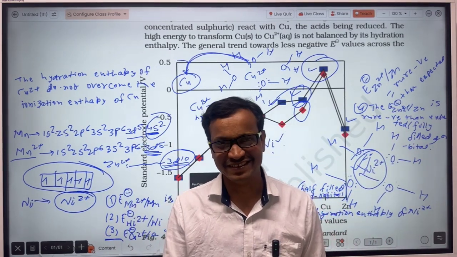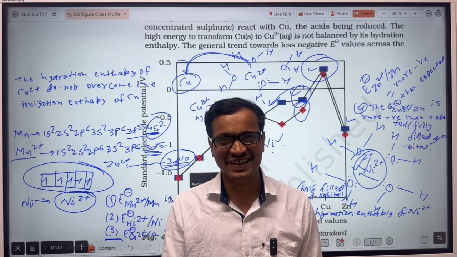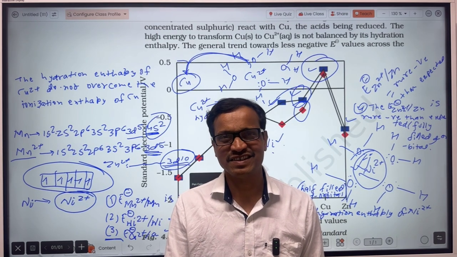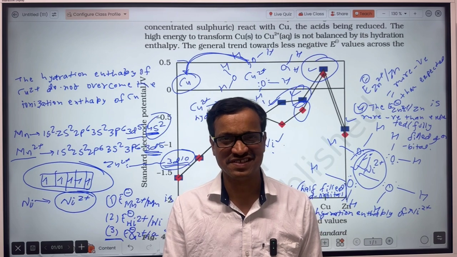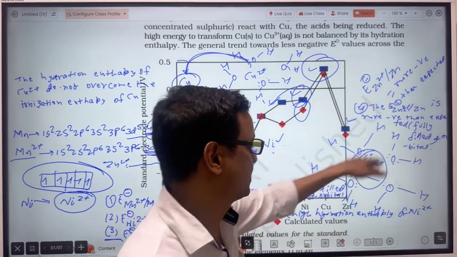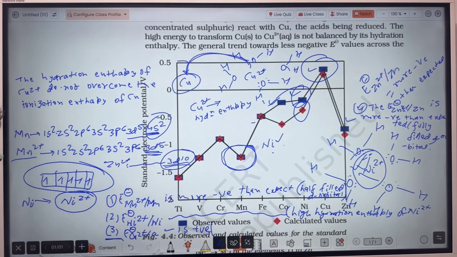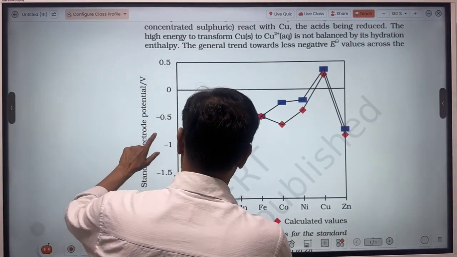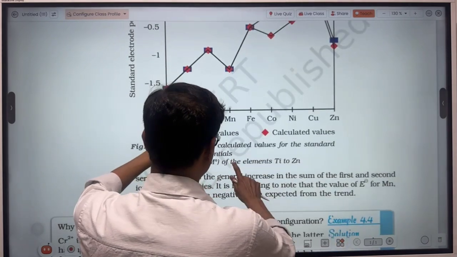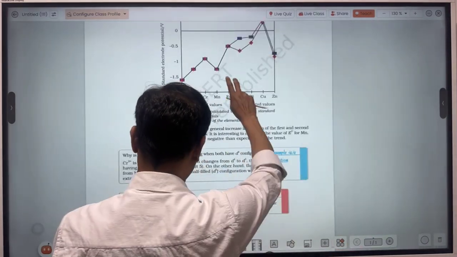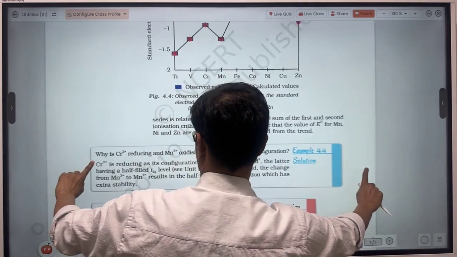So they think the questions are usually not asked from the NCERT book, but it's a fact that more than 90% of questions are asked only from the NCERT book. If you study like this, you can very easily answer the questions of IIT as well as the main examination. This was the graph. Let's see about the questions. Now watch out for this question.